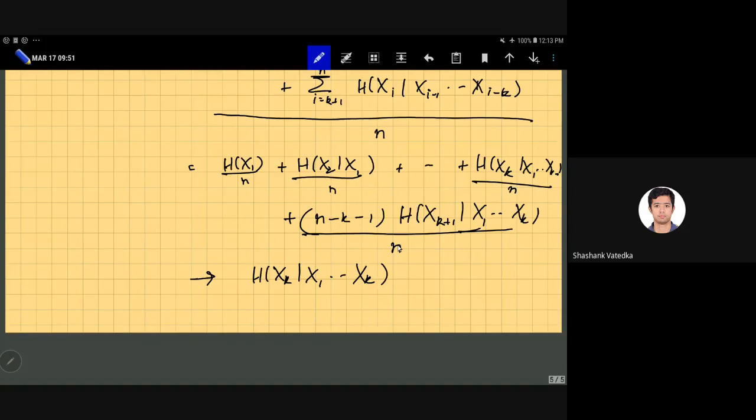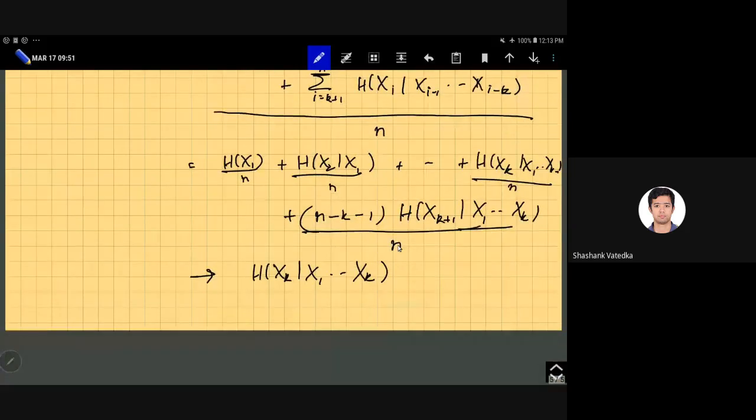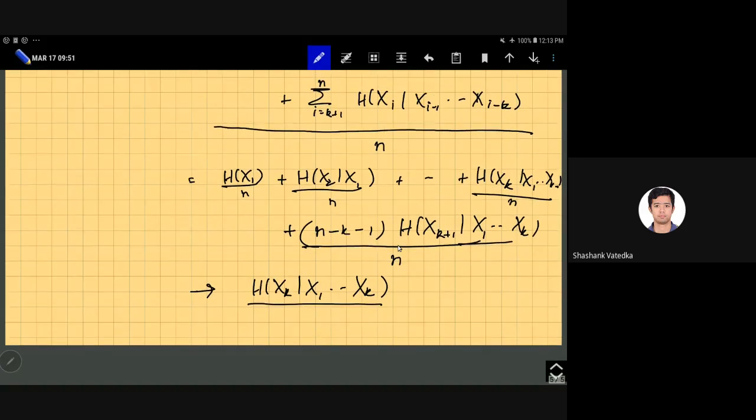So for any stationary and ergodic sequence, the entropy rate in fact turns out to be some kth order conditional entropy, for some finite k. This implies that the amount of memory that each symbol has is only k.